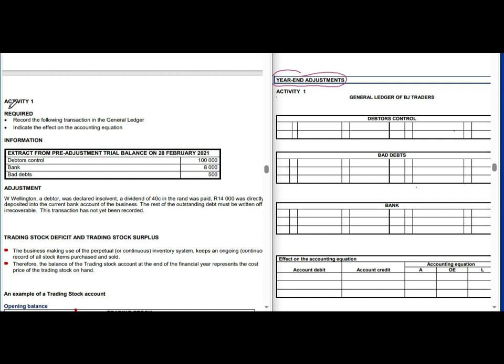The requirement is: record the following transactions in the general ledger, meaning we need to complete the general ledger, and then indicate the effect on the accounting equation. So we are first going to do a general ledger and also the accounting equation.